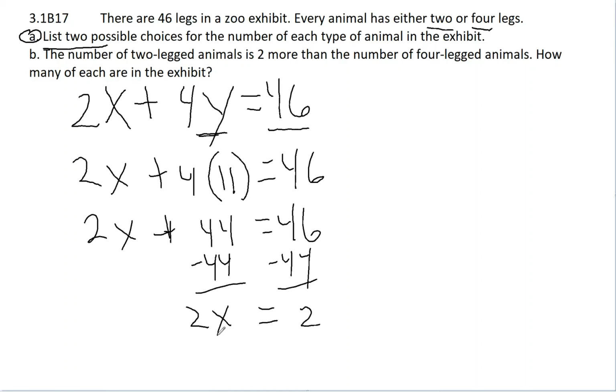What value would x be if we need to make this equation equal? 1 times 2 is 2, so x would have to be 1. So we have 1 2-legged animal, and y equals 11, 11 4-legged animals, and that would work.